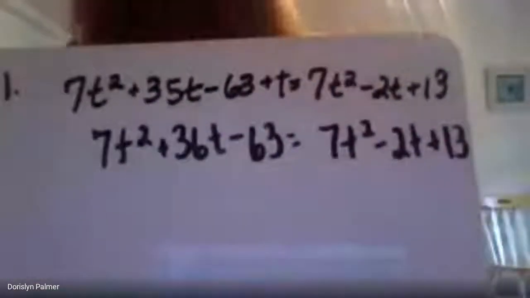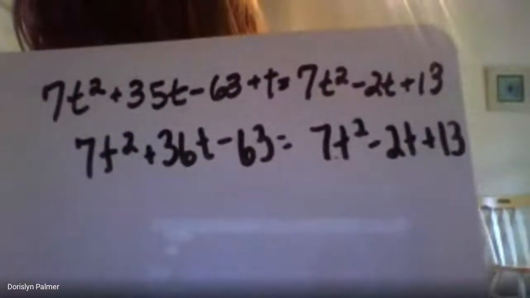Okay. So once we're here, we have to combine like terms. On the left-hand side, we have the 7t squared, and we're going to put together 35t plus t. So that's 36t and minus 63. On the right side, there's nothing we can put together, so we'll just bring it down.